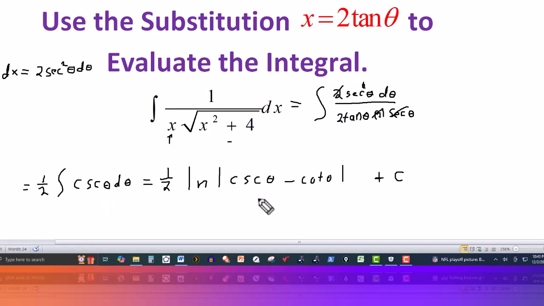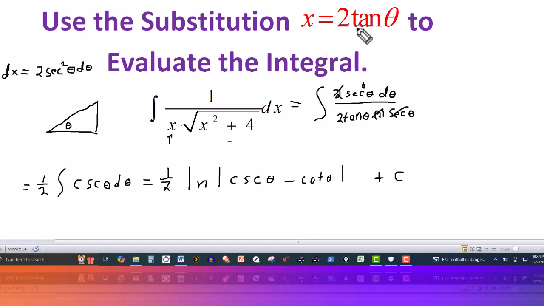Now that's the integration. But remember, we started with an integral with the variable x. So we have to go back to the original variable. In order to do that, we need a reference triangle. So I'm going to draw a right triangle here. This will be theta. And we know from this right here, tangent of theta is x over 2.